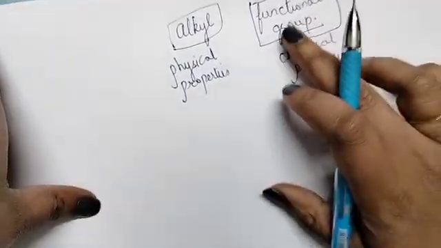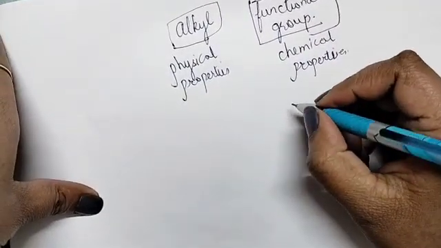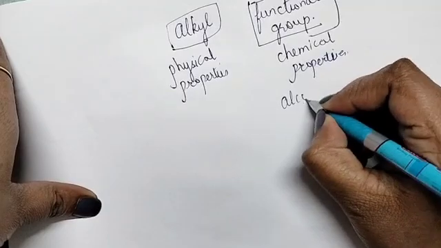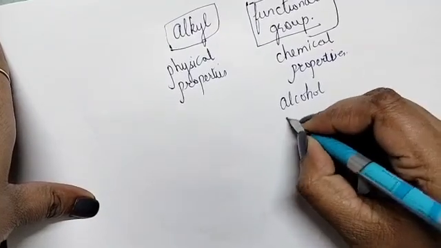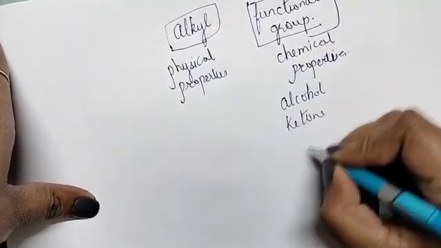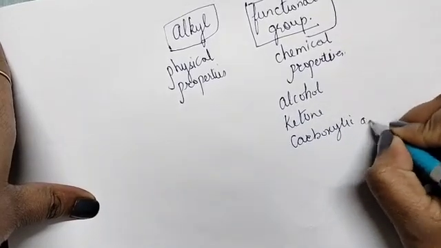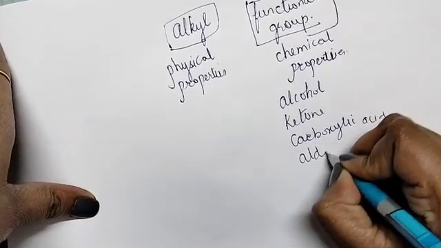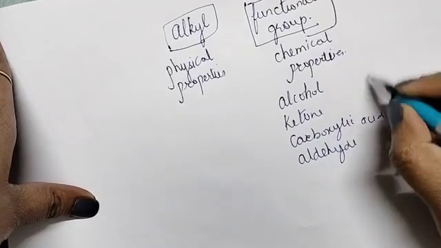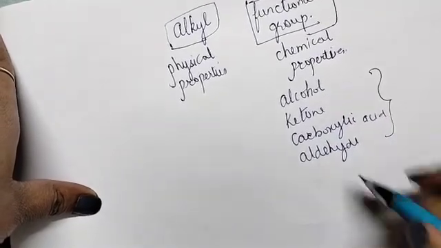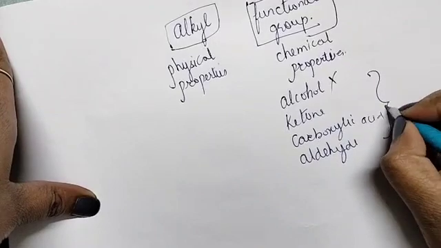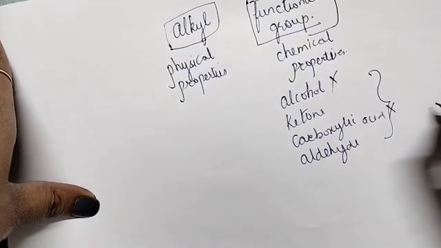So you usually have a few lists of the functional groups like alcohol, we have ketone, we have carboxylic acid, we have aldehyde. We have all these, but in your syllabus alcohol and carboxylic is completely omitted.